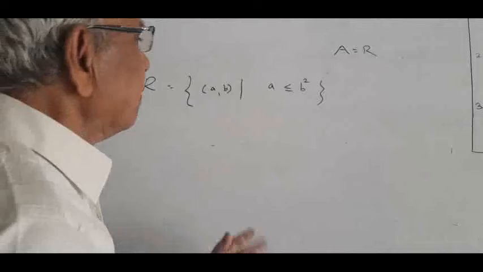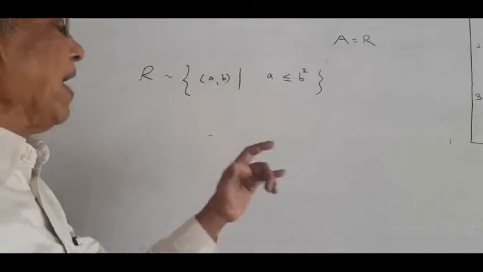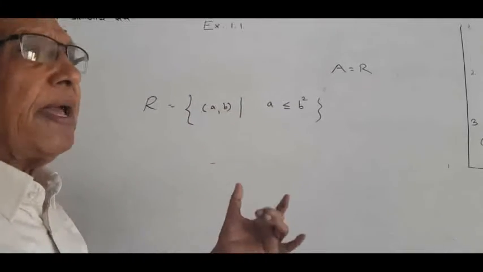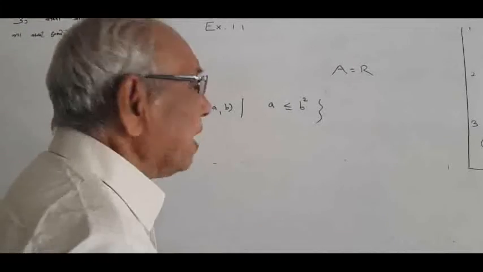But when a is a number in between 0 and 1, then a is not less than or equal to a square.